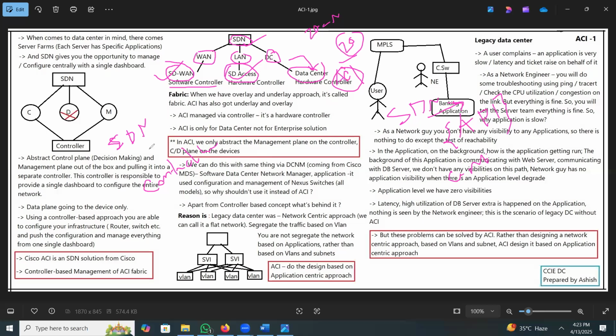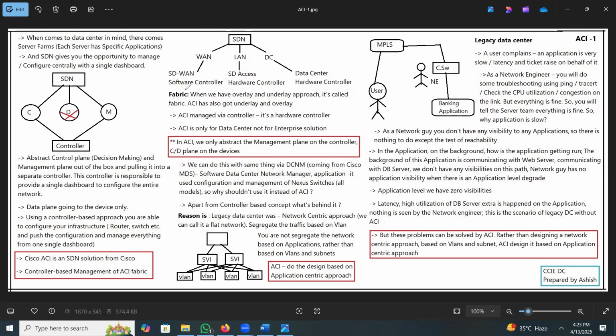That's why we can also call SDN a controller-based solution, as well as we can automate it. Okay. So there are different types of controller. For SD-WAN, we have a software controller. For SD-Access, we also have a hardware controller. And for ACI, we have a hardware controller. Okay. So what is the difference?